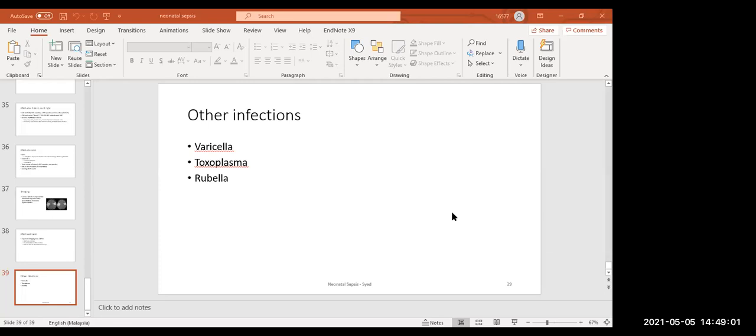This is what we call empirical antibiotics. It means we give antibiotics that we think will suit the patient. Understand? Empirical treatment is we give antibiotics that we think will work for the patient depending on the risk rather than on a proven culture.